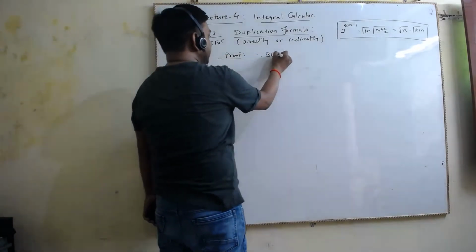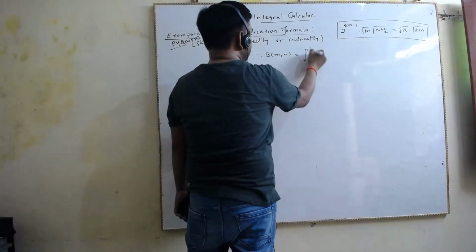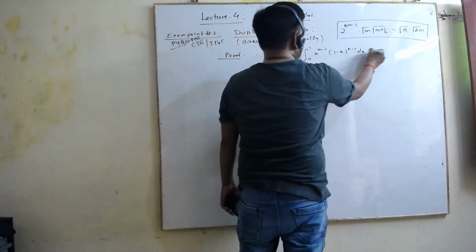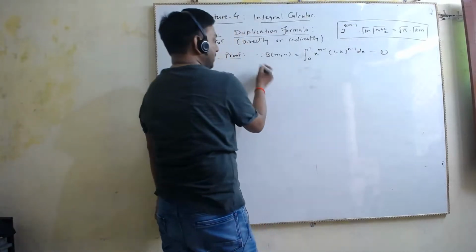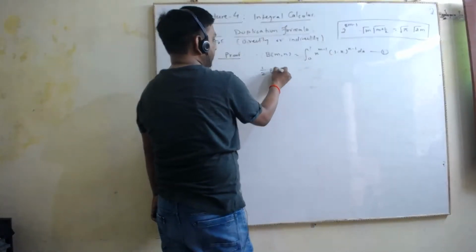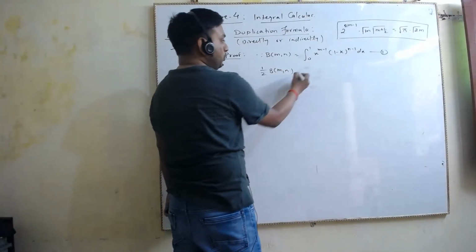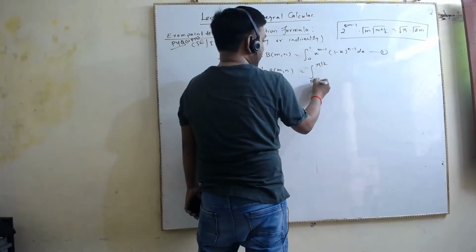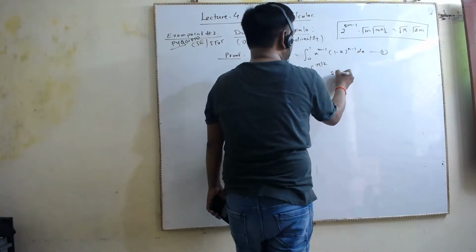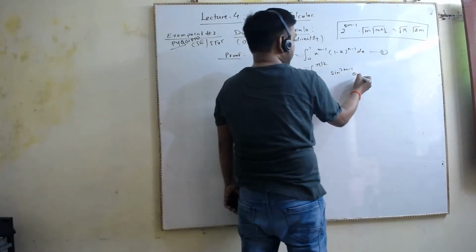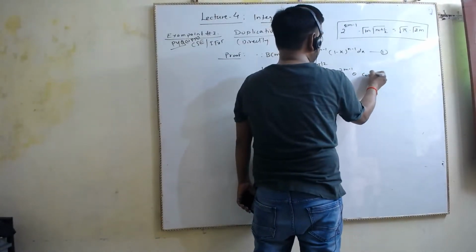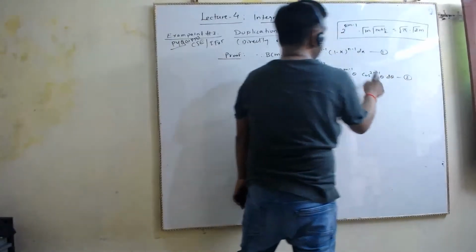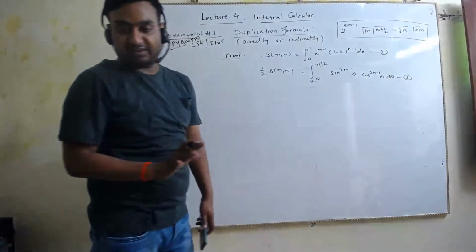Since beta mn is integral 0 to 1 x का power m minus 1, let's write this, okay? Also we have the relation 1 upon 2 beta mn as integral of थीटा का लिमिट 0 टू पाई बाई 2 साइन का पावर 2m माइनस 1 इंटू थीटा कॉस का पावर 2n माइनस 1 इंटू थीटा, that we have also done previously, right?